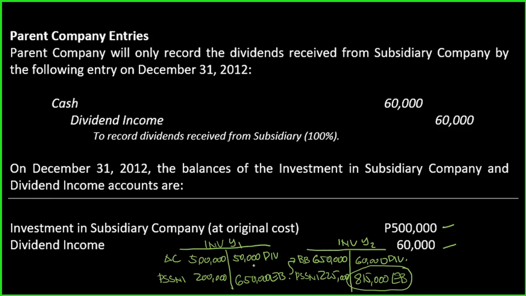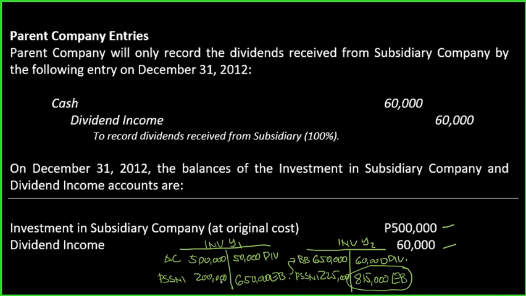Aside from that, since the journal entry to record this in the books of the parent is a debit to investment in subsidiary of 200,000 and a credit to equity in subsidiary net income, you're just going to reverse that: debit equity in subsidiary net income and credit investment in subsidiary.